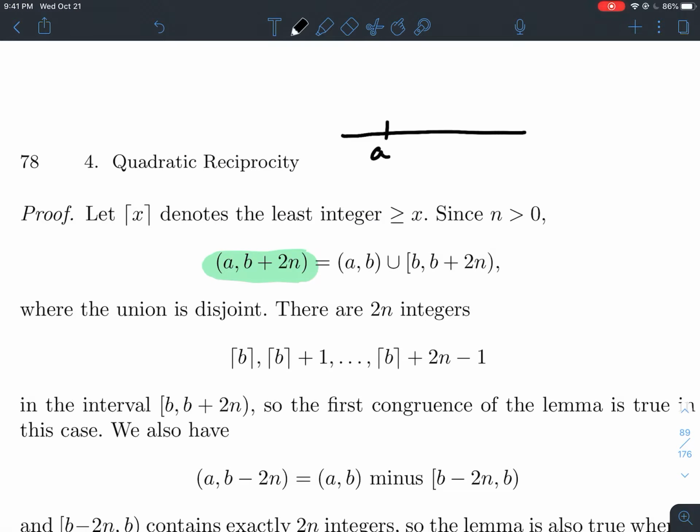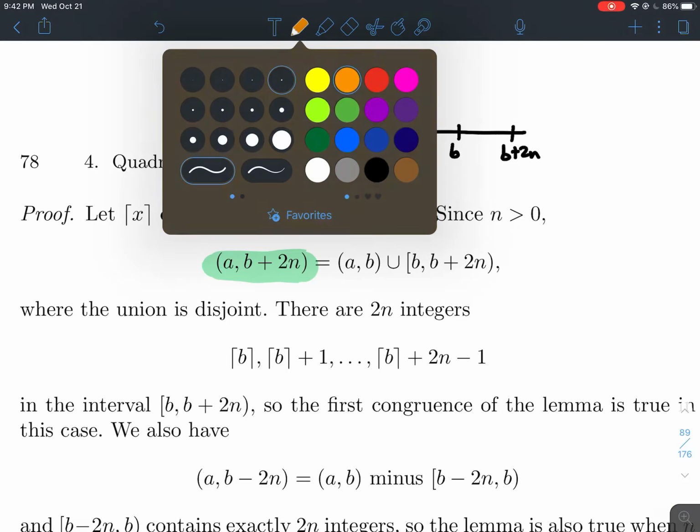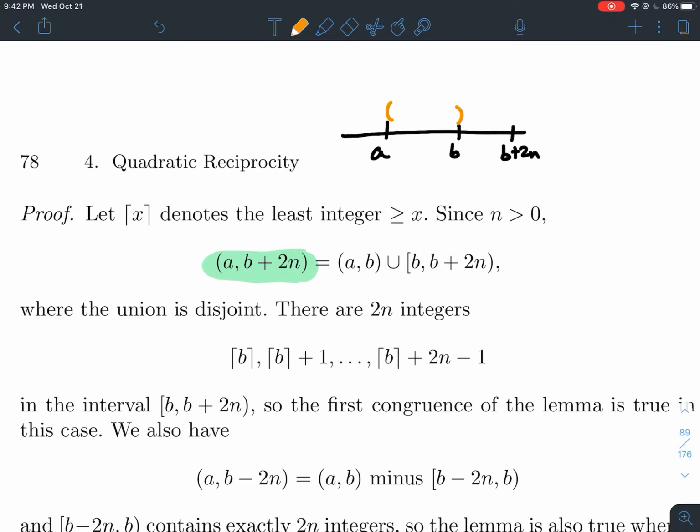So here's a, here's b also, and then here's b plus a little bit more, b plus 2n. And I'm going to think about that interval all the way across. I'm going to think about it as the open interval from a to b, union with the interval closed on the left and open on the right. If I take the union of the orange and the green, I get the whole interval from a to b plus 2n. All right, so what are we doing there?